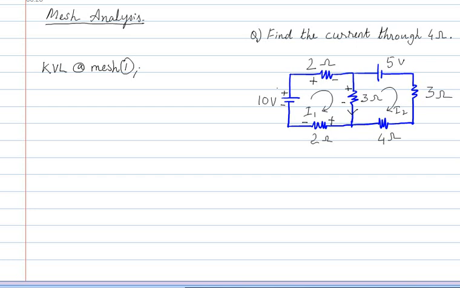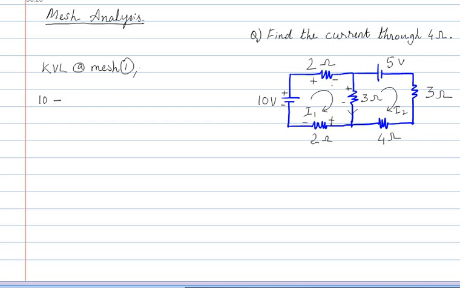So which are the front portions? Here it is positive, here it is negative, here it is negative, here also it is going to be negative. So if I am going to write, then it will be plus 10 volt. I will not write the voltage part. 10 plus, 10 minus, why?